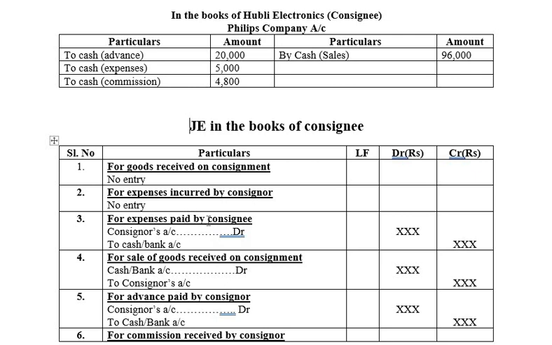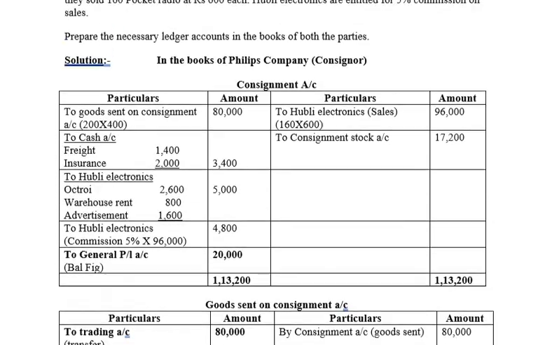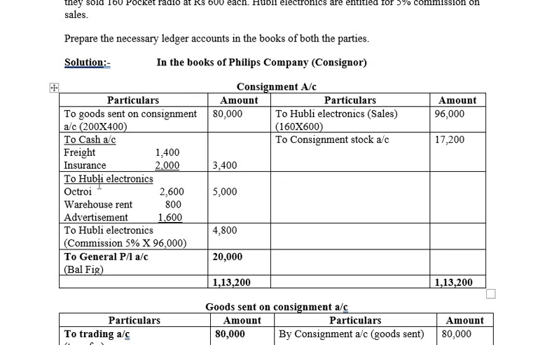For expenses incurred by consignee, now there are expenses being incurred by the consignee. Look here, if you go to consignment account, in case of consignor's books, ledger of consignor's account, there you can see to Hubli Electronics, this is the expenses incurred by the consignor, which is 5,000 rupees.